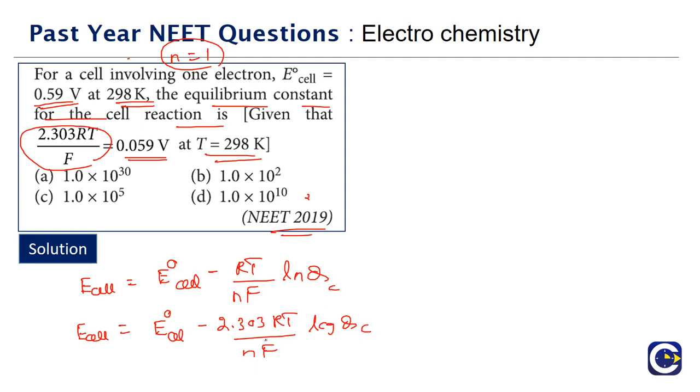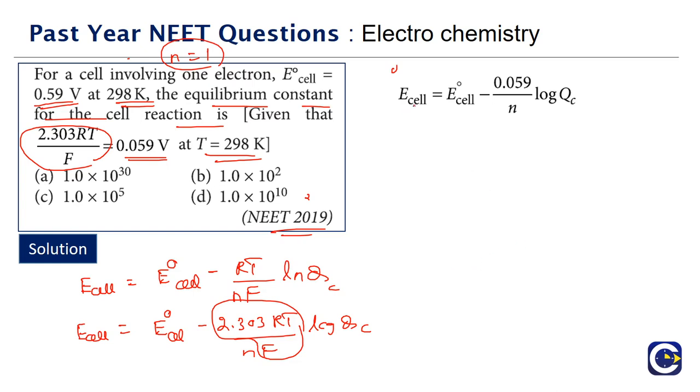Here they are saying that at 298 Kelvin the value of 2.303 RT by F is 0.059 volt. So that is the formula for the cell EMF when we maintain the temperature at 298 Kelvin. So the formula will be E cell is equal to E0 cell minus 0.059 by n into log Qc.